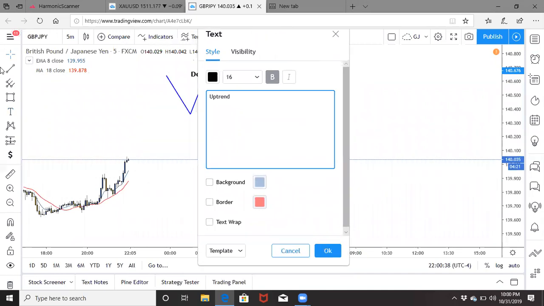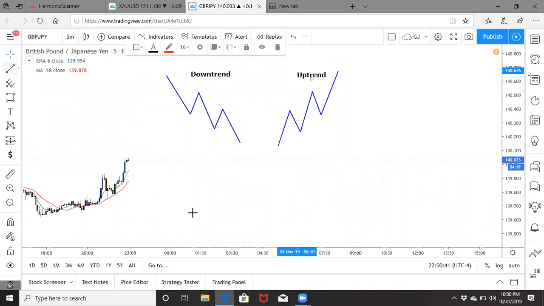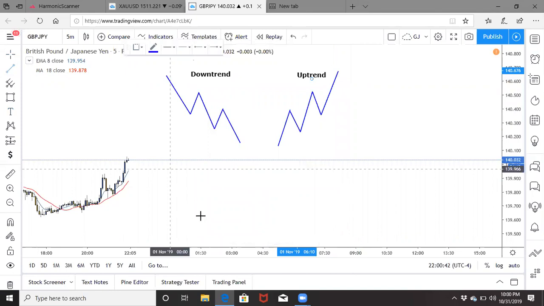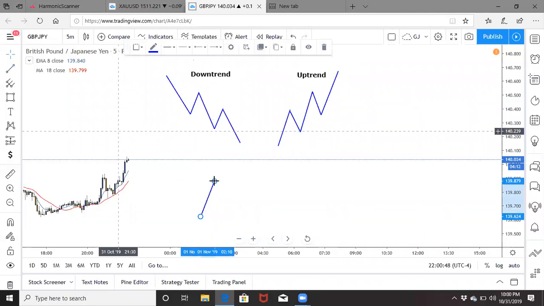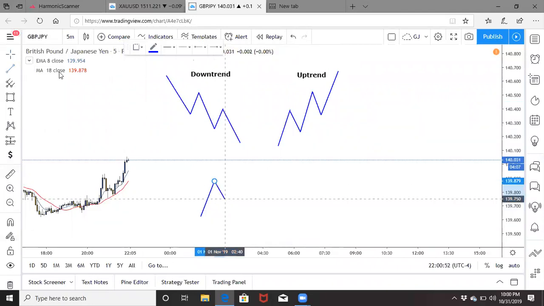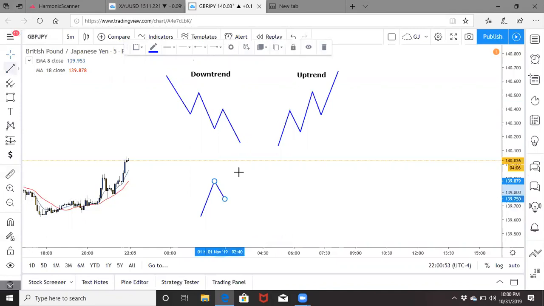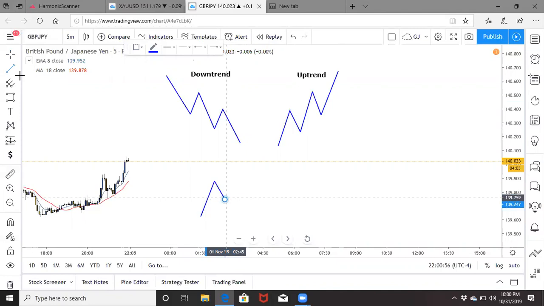Then consolidating markets. A lot of times I used to get caught in consolidations. I was like, yo, what happened? Why is it moving like this? Consolidating markets might look like this, y'all. And if they're consolidating, y'all might want to leave that alone for a little bit.